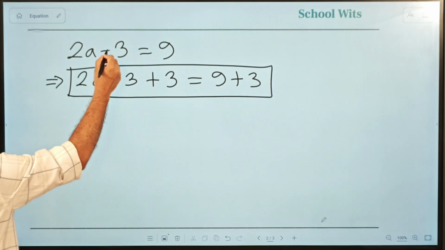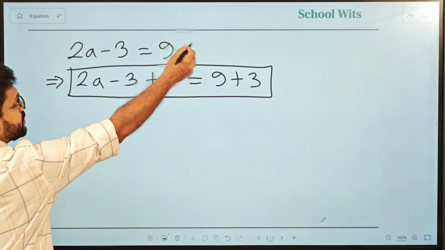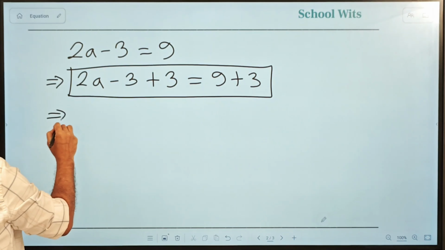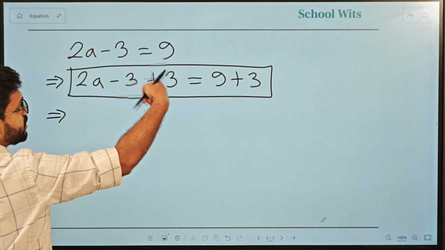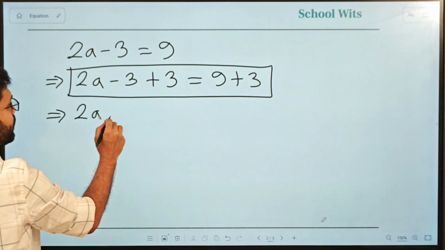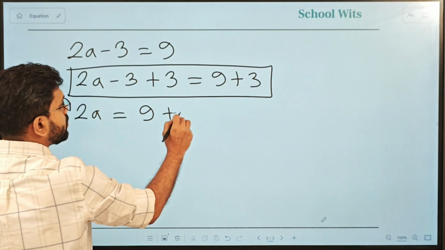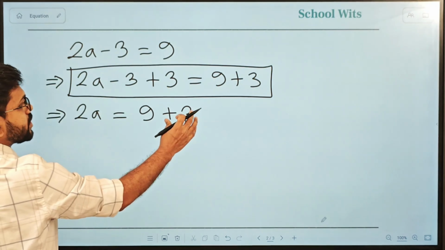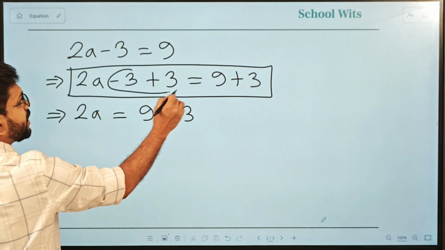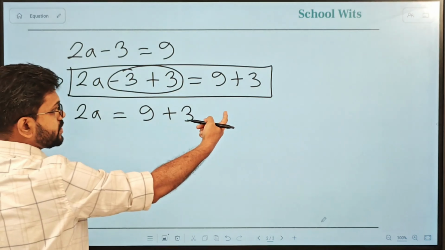We say that we are taking this negative 3 to the other side. If you take negative number to the other side of the equation, that becomes positive. So 9 plus 3, this negative 3 to the other side becomes positive. So instead of writing it like this, we just take it to the other side.